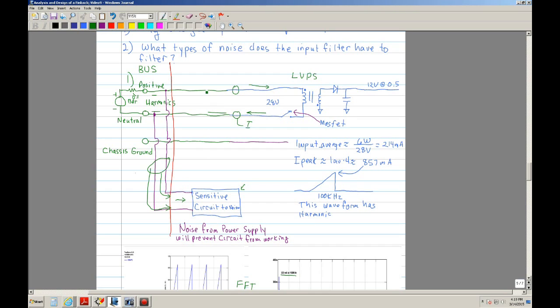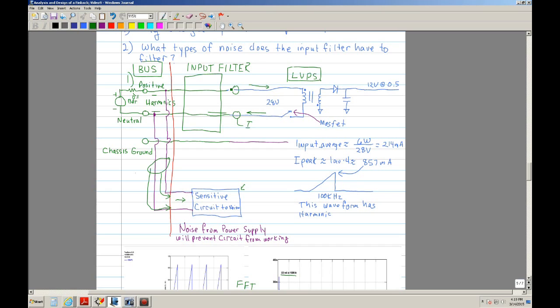So it's imperative that you put an input filter in between your LVPS and your bus.